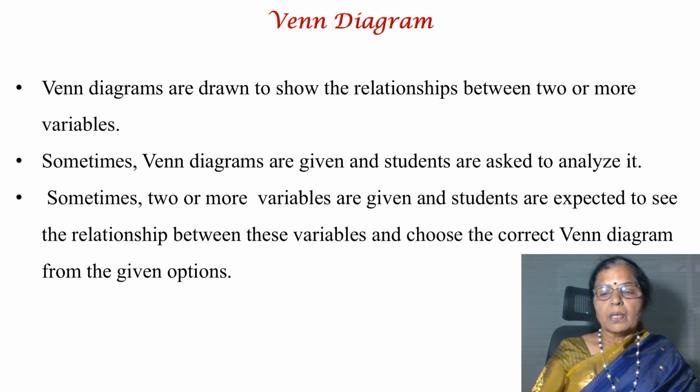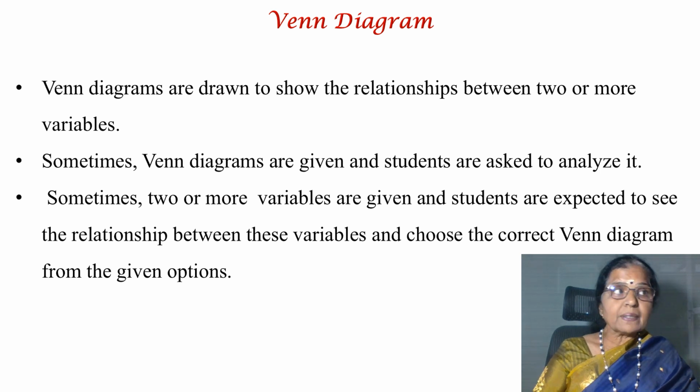Sometimes two or more variables will be given and the students are expected to analyze the relationship between these variables and choose the correct Venn diagram from the given options. So it may be either way. We shall see that in our practice questions.